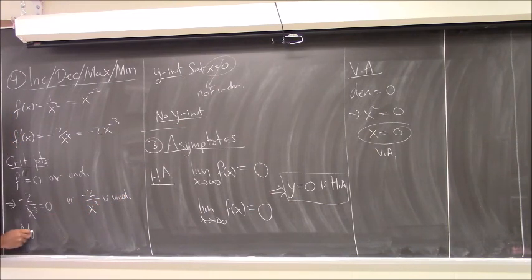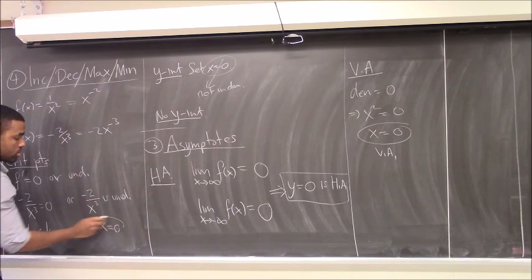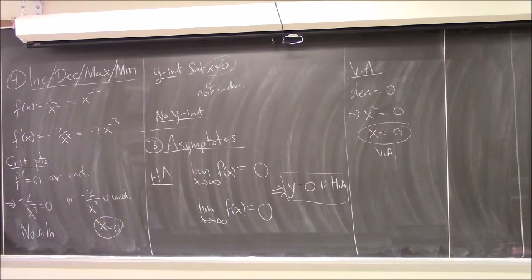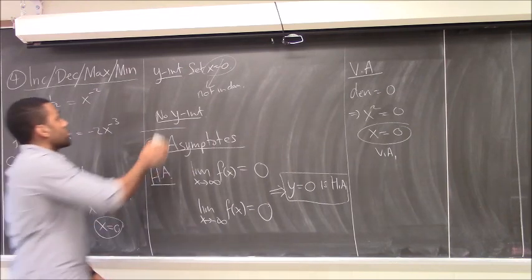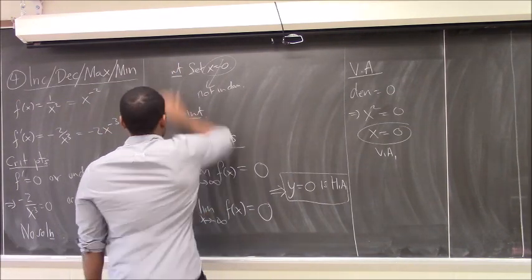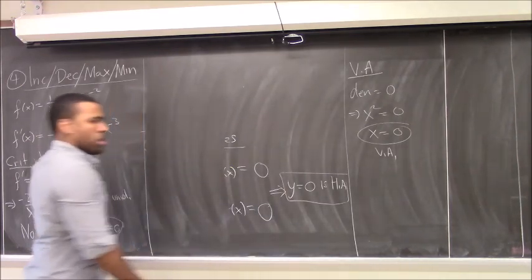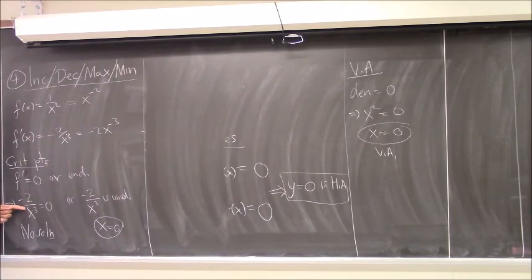This guy, notice, has no solution. This guy, x equals 0. So x equals 0 is the only critical point. And we can remember, a fraction can only be 0 if the numerator is 0, right? So since the numerator is 2, it's never going to have a solution.